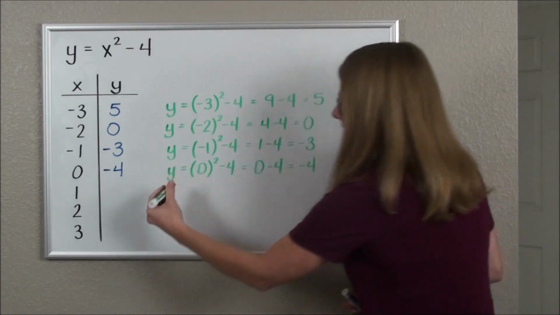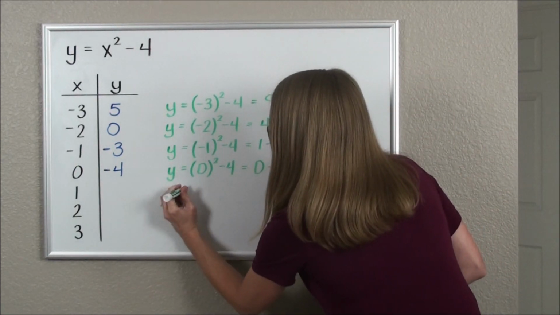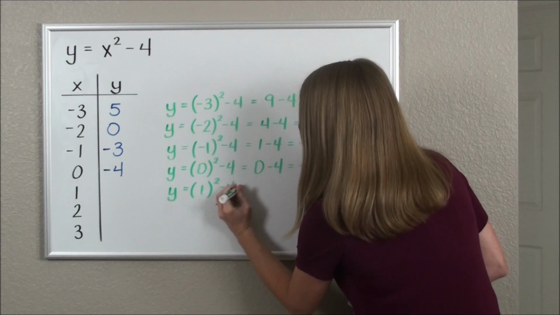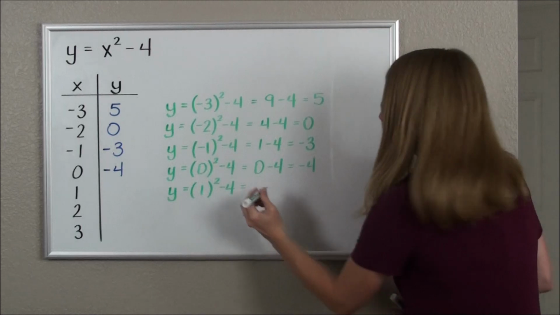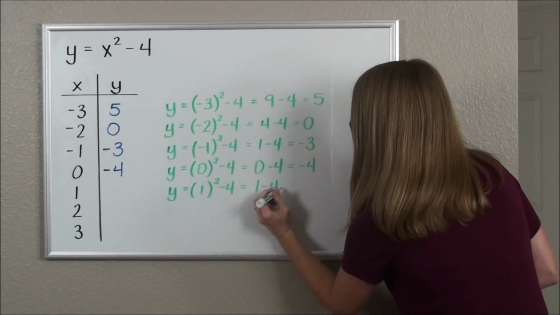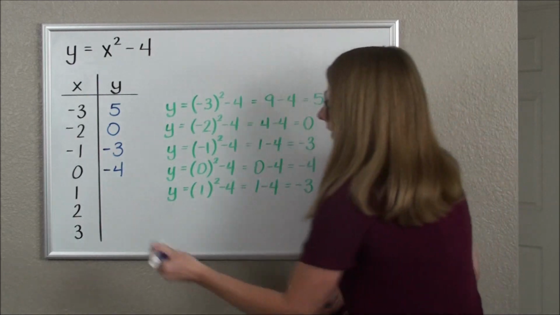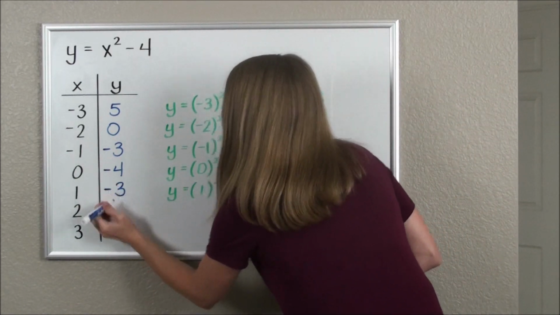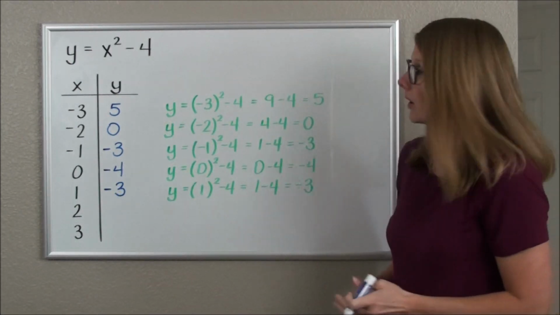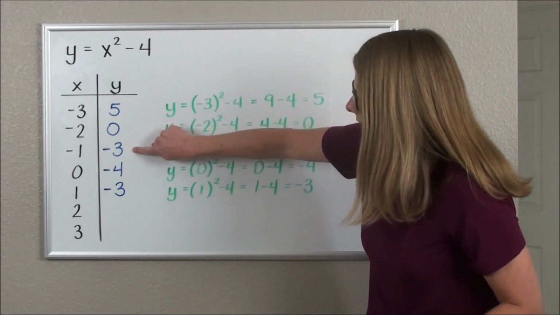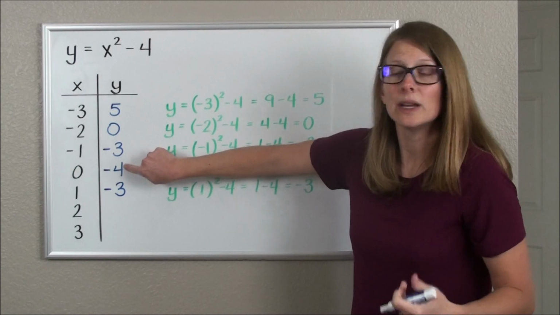Let's take a look at the next one where x is 1. y equals 1 squared minus 4. 1 squared is 1, and 1 minus 4 is -3, and interestingly enough, this is now a repeat of a value we've seen before. So what we did was we jumped down 5, down 3, down 1, and we were slowing down.